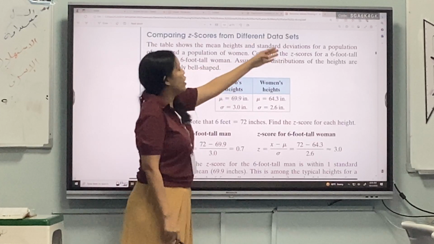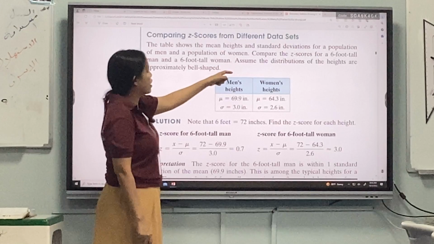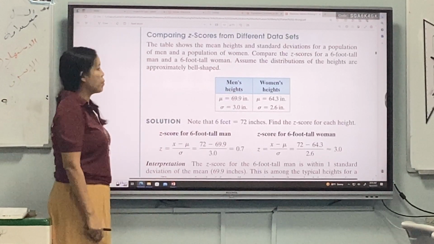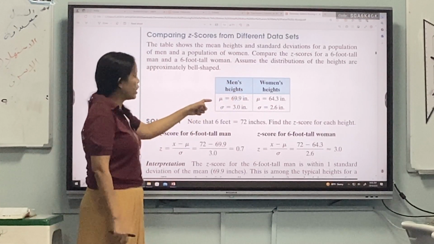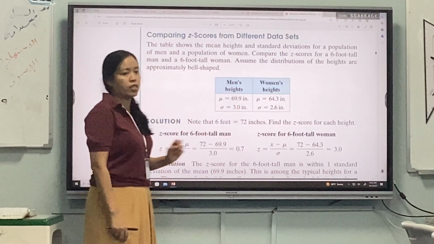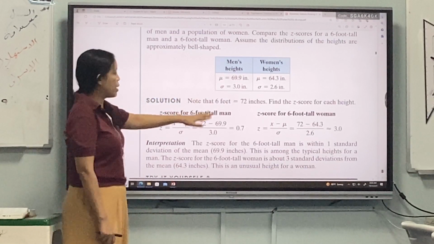Compare the z-score for a 6-foot tall man and a 6-foot tall woman. Assume the distributions of the heights are approximately bell-shaped. You have different means and different standard deviations. So solve for the man.